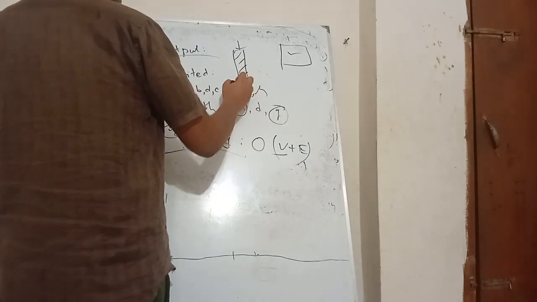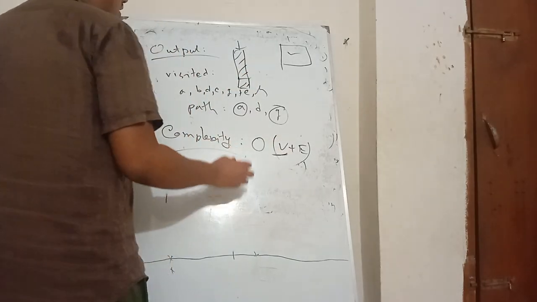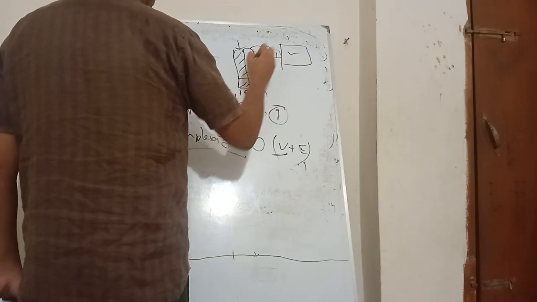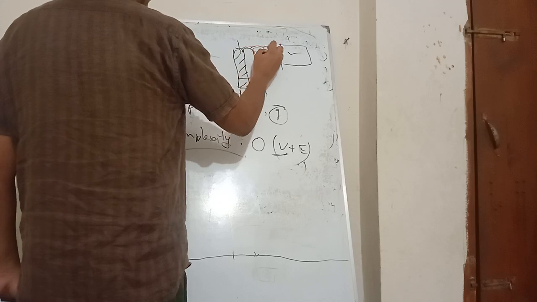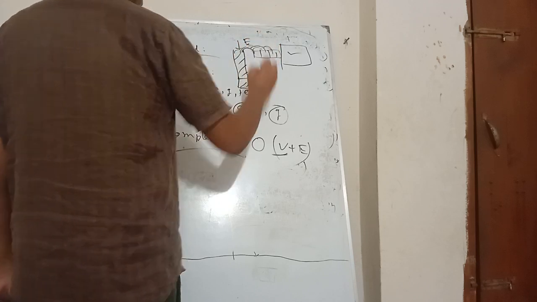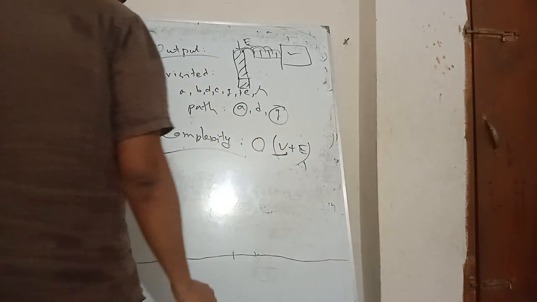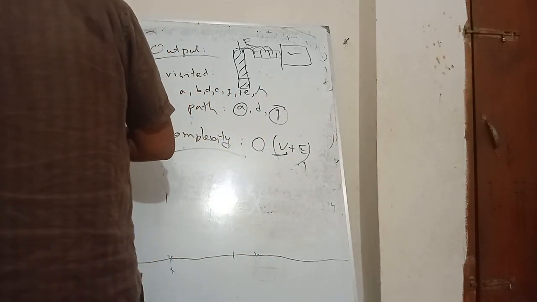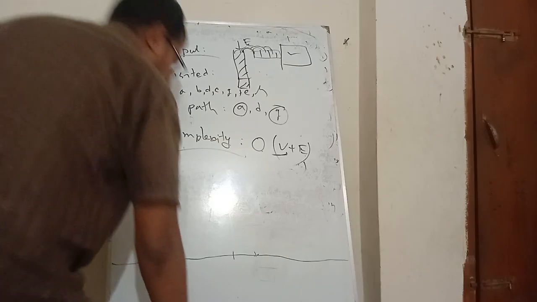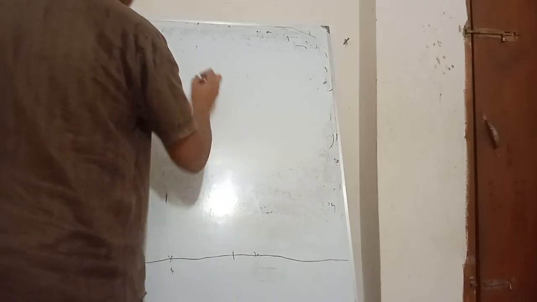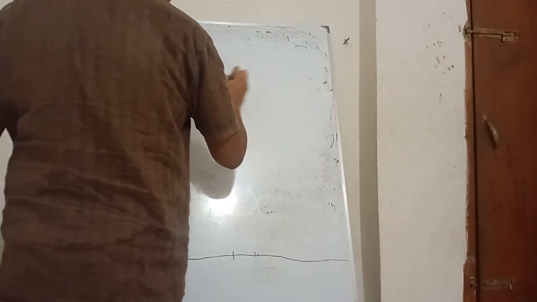Suppose all vertices are keys, then it will be V and its neighbors, and each neighbor represents a connection or edge. So total time complexity is Big O of V plus E. Thanks.